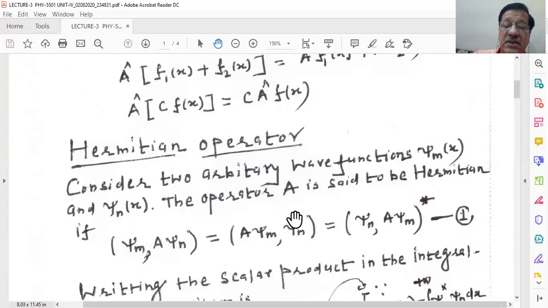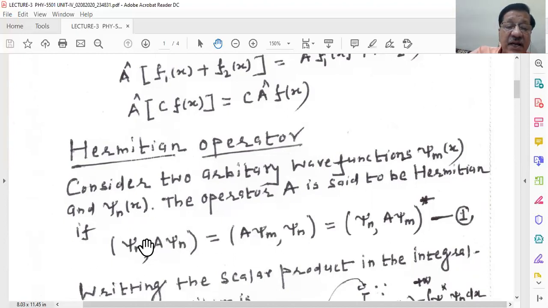This is nothing but the complex conjugate of the scalar product of psi n with A psi m. Here your operator A is associated with the second wave function psi n, and here your operator A is associated with the first wave function psi m. When this condition is satisfied, you can say that operator A is the Hermitian operator.